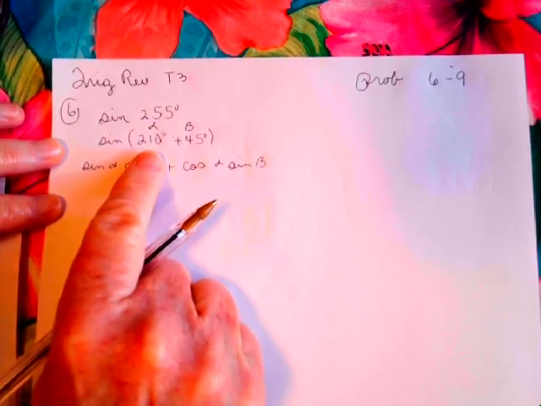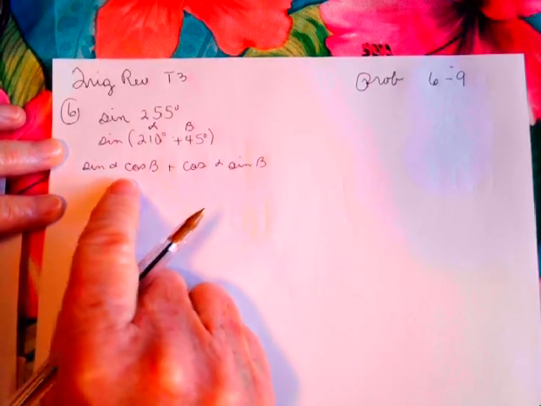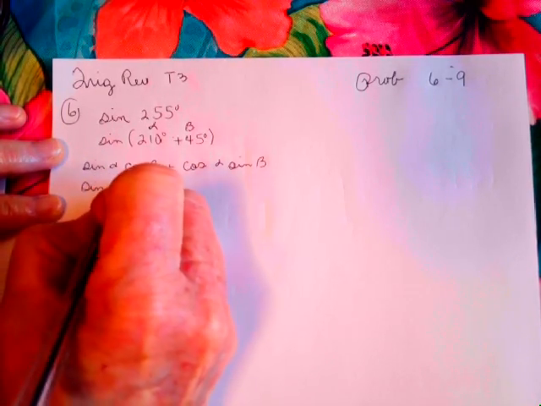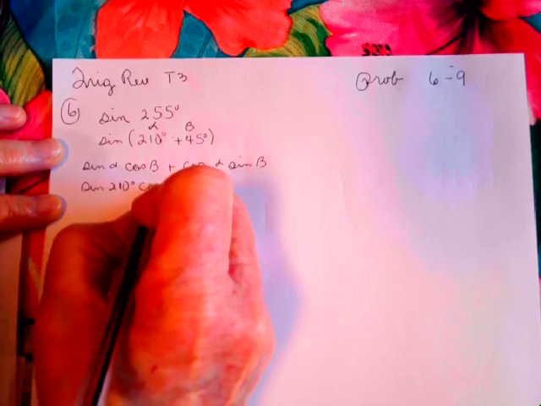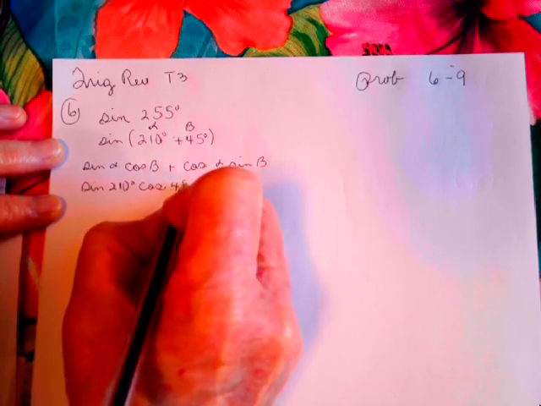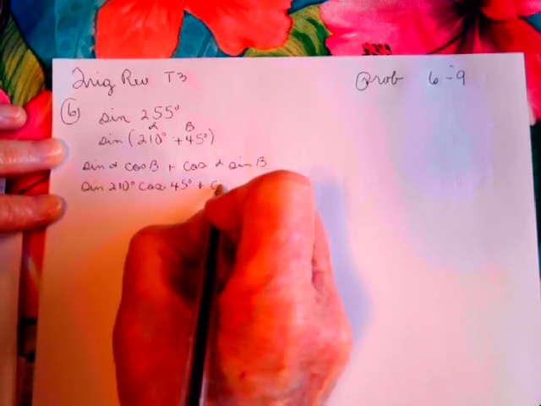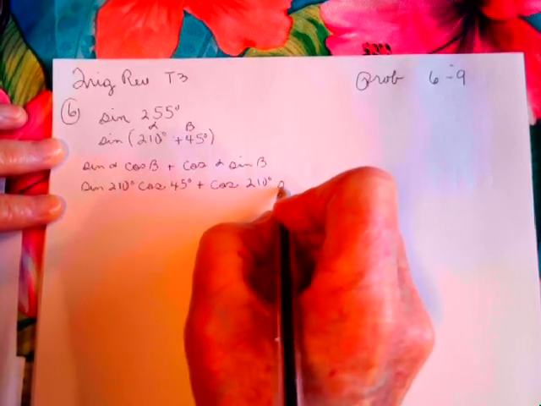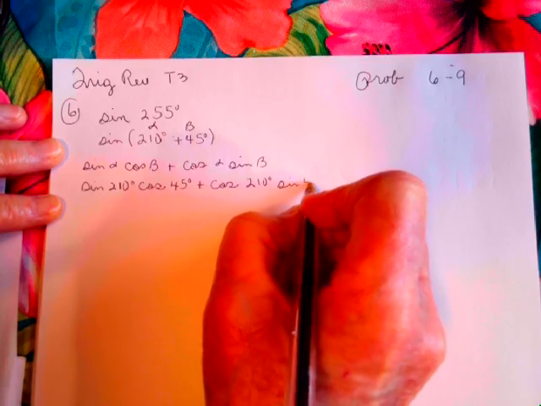Substitute your degrees in place of alpha and beta. Sine of 210 degrees times the cosine of 45 degrees plus the cosine of 210 degrees times the sine of 45 degrees.